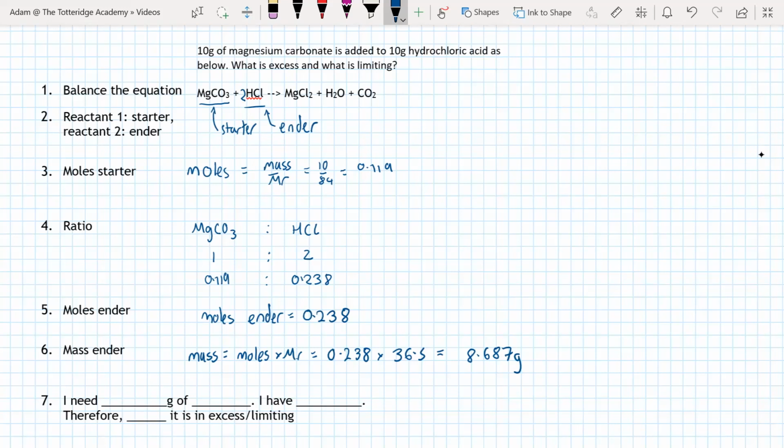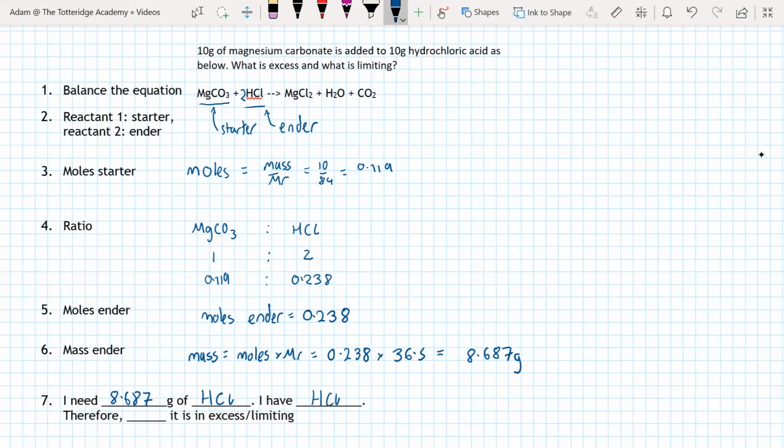I need this much, 8.687 grams of HCl. I have 10 grams. So in the question, they've given me 10 grams of HCl. I don't need all that HCl.